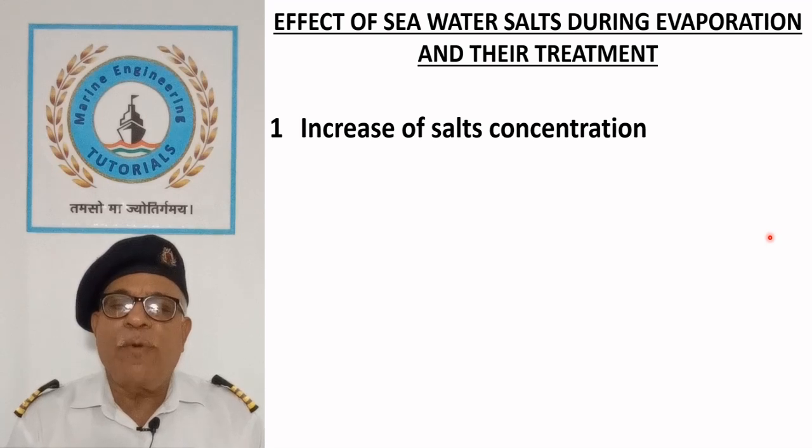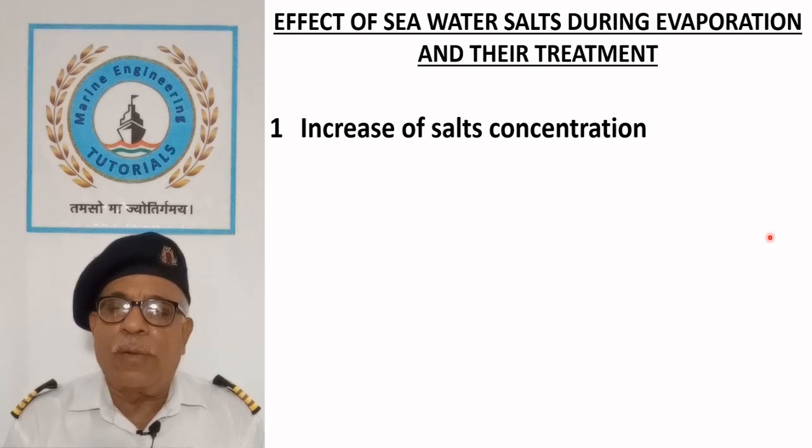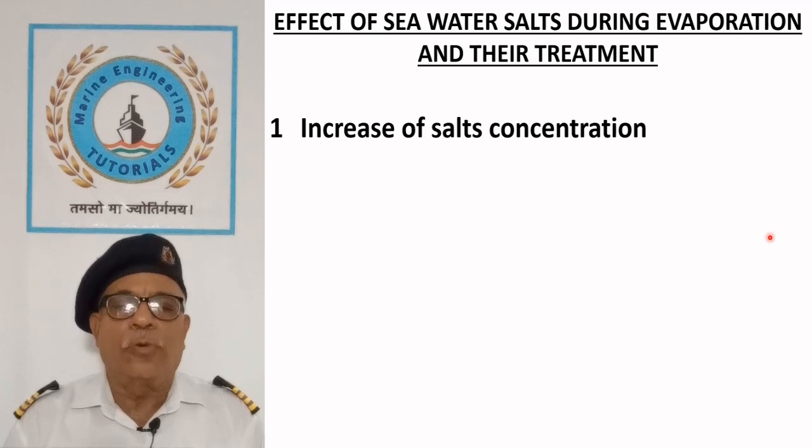When seawater is evaporated, salts contained by the evaporated water are left behind, which increases the concentration of remaining water. To reduce the concentration of salt in remaining water, which is called brine, feed water supply is almost 3 to 4 times as that of the desired output.